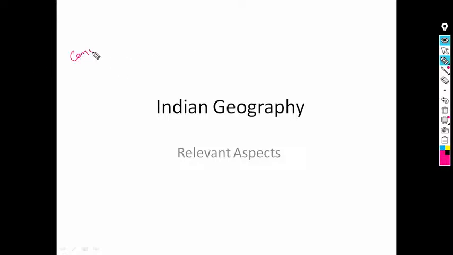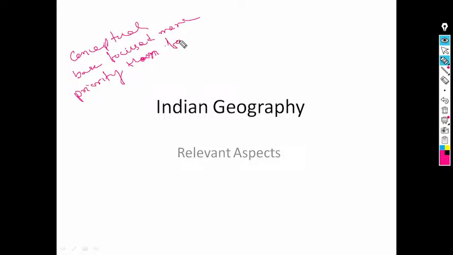Conceptual questions are given more priority than the factual part. So one has to be very careful about the conceptual base and the priority.